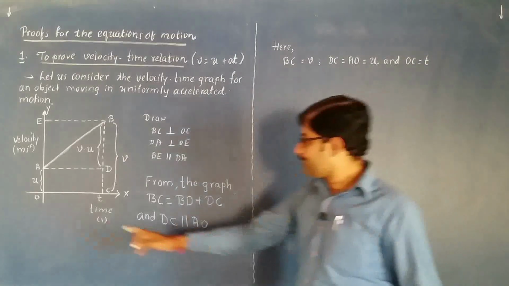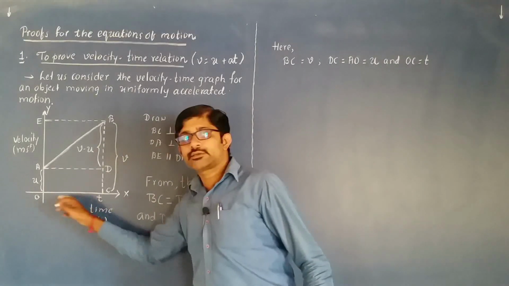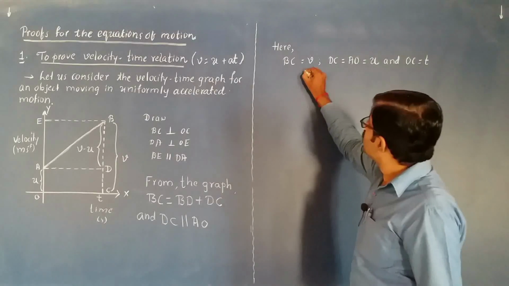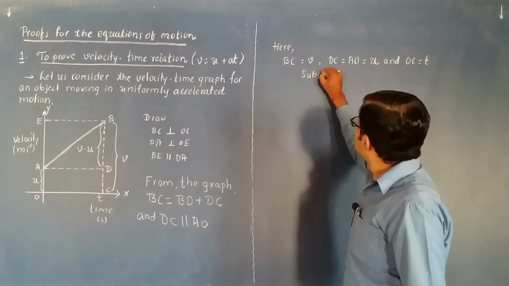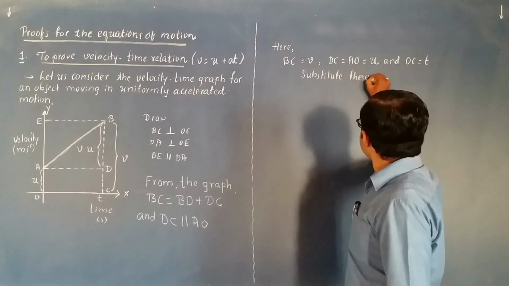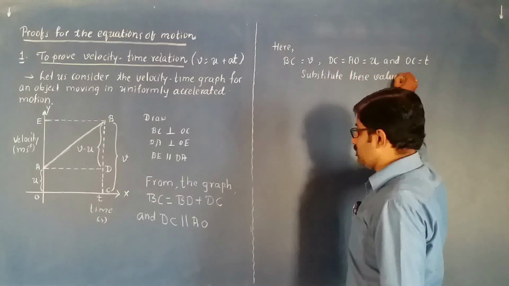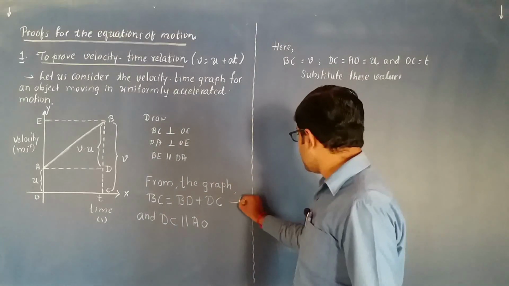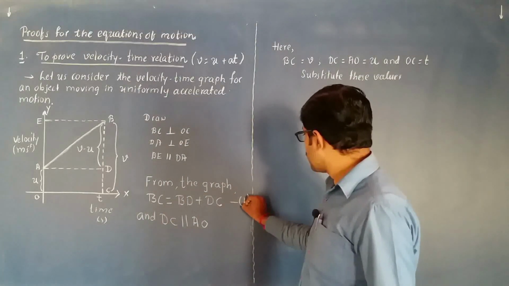OC is the time taken by the object, that is t. So substitute these values. You can call it equation number 1, which will help you.